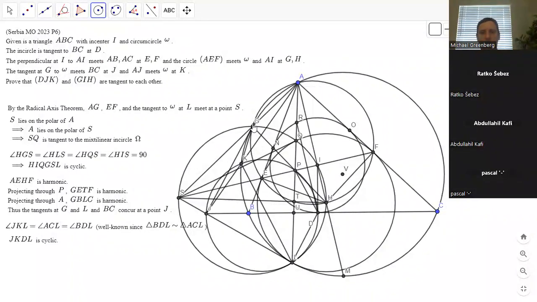Okay, so we want to show 90 minus GAL. And then if you take 180 minus that, we want to show it's half. So we want to show angle GAL plus 90.